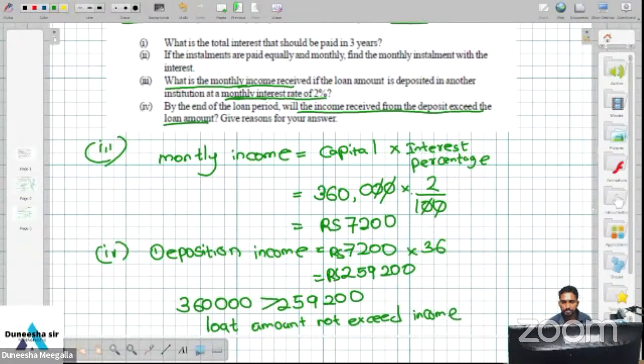Okay. After you finish, raise your hand. Loan, not T. Loan.